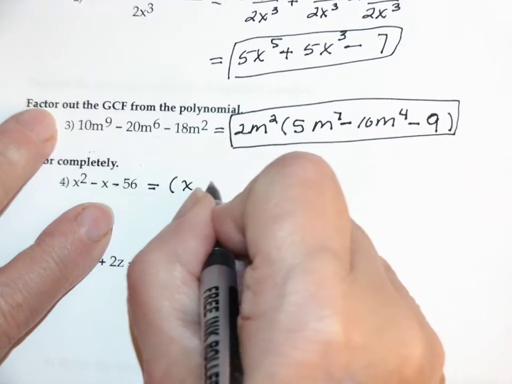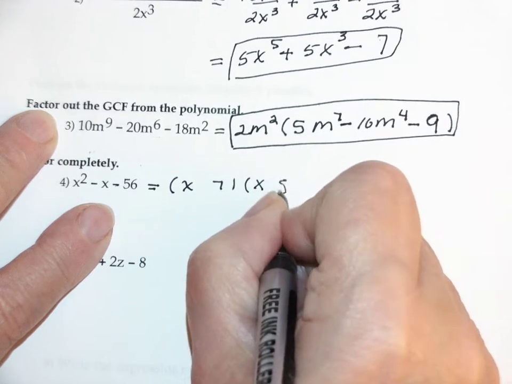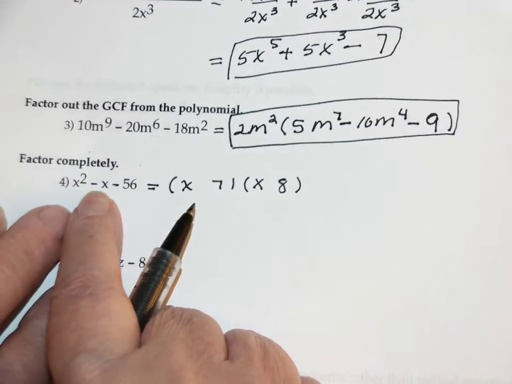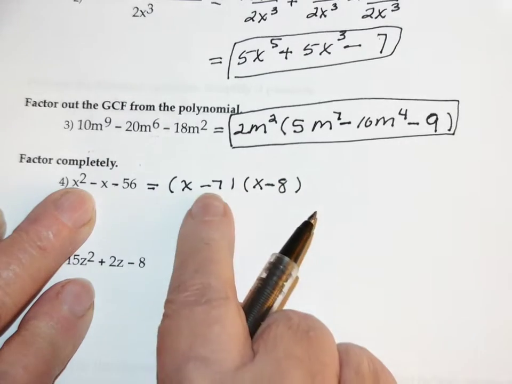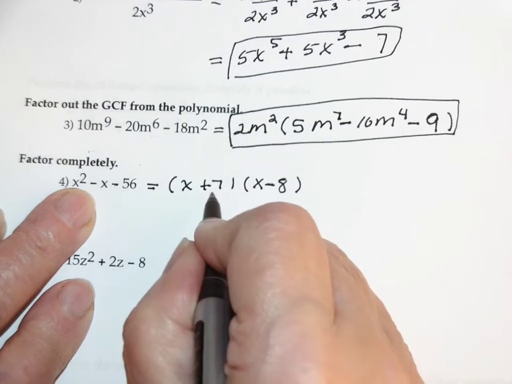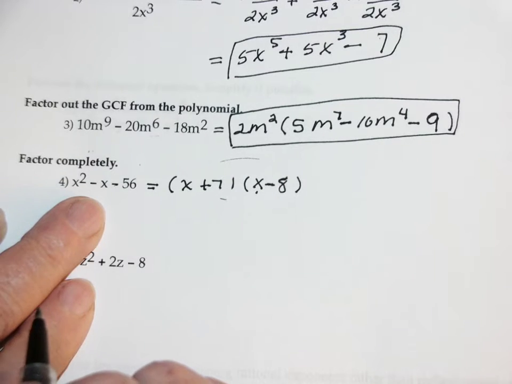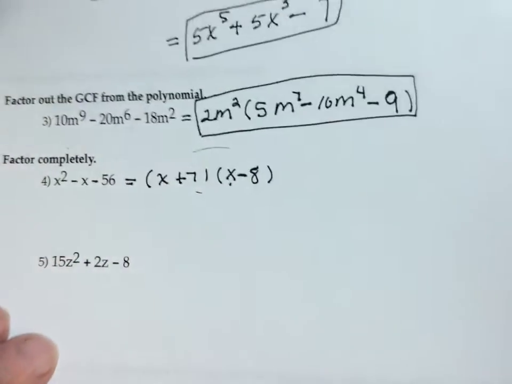So this is going to be an x and an x and an 8 and a 7, because 7 times 8 is 56. I need a minus, so the 8's going to have to be minus, 7 is a plus. So you have a plus 7, and you have a minus 8 for the inner outers when you FOIL, so you end up with a minus 1 in the middle.